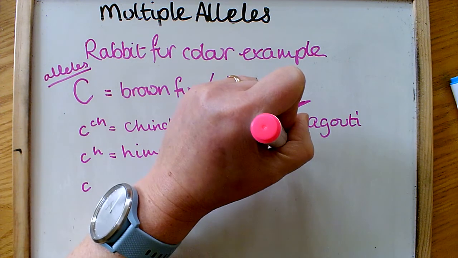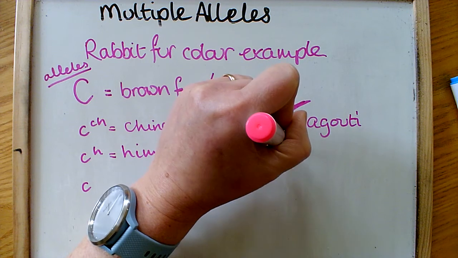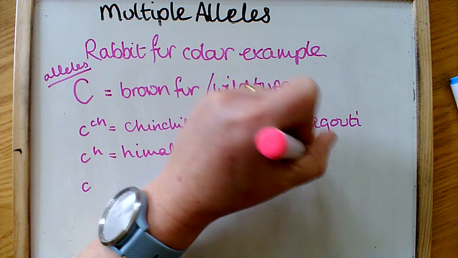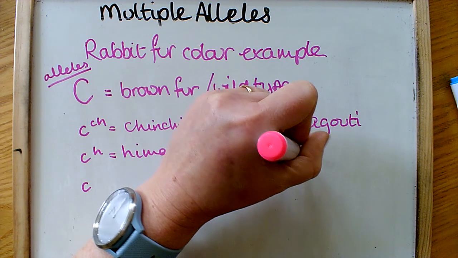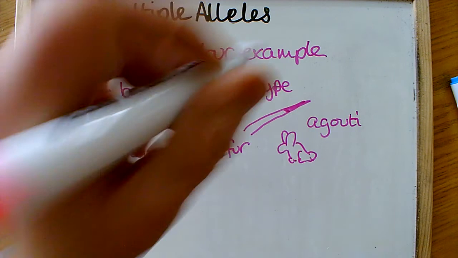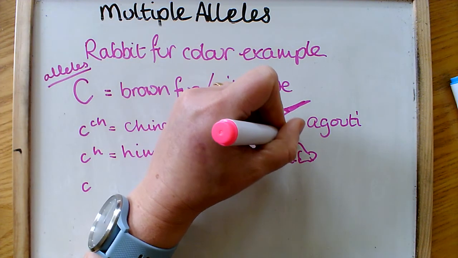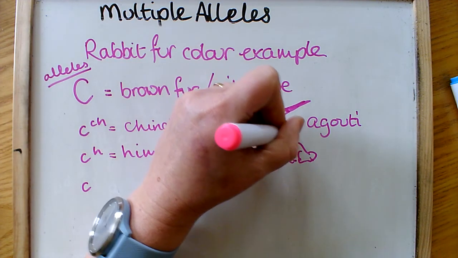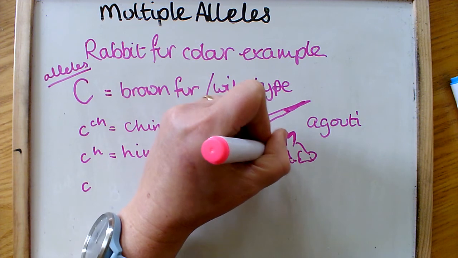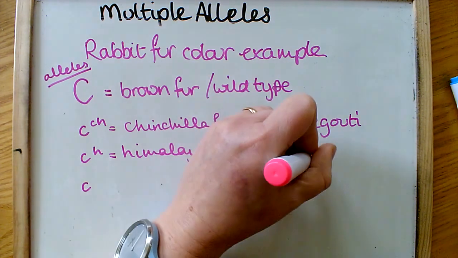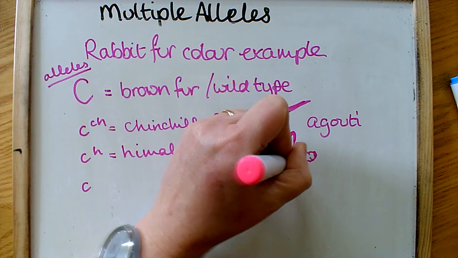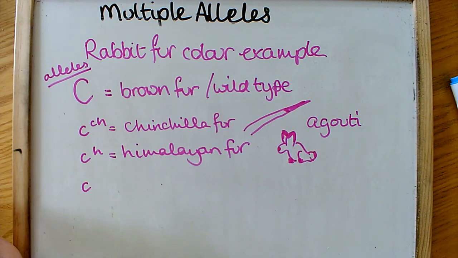So you imagine you've got your little rabbit here. This is a terribly bad drawing of a rabbit. You've got your little rabbit there. At its extremities, so it's the tips of its ears, tip of its nose, tip of its tail, tip of its paws, it's going to be dark. Okay, and everywhere else it's going to be white.